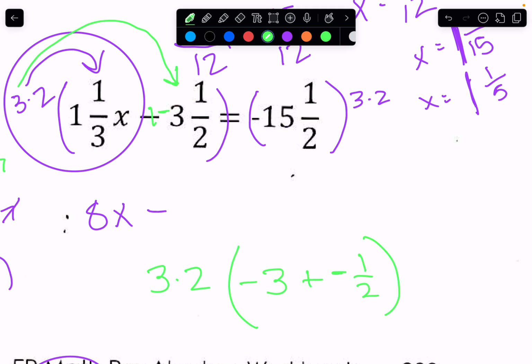Okay. All right, multiply this first term. 6 times 3 is 18. That's going to be negative. Multiply the second term. The 2's are going to get rid of each other. And I'll be left with 3 and negative 1.